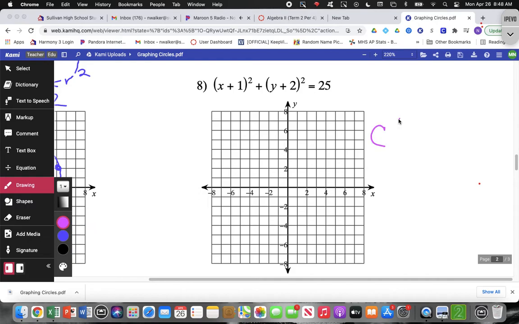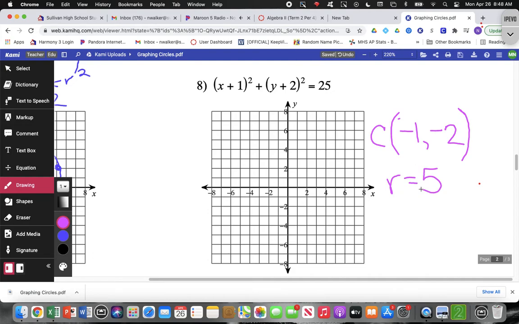So for my center, my x coordinate is -1. Now what's my y coordinate going to be? -2. So anytime you see a plus in the equation, the coordinate does become a negative. Now what's my radius? If I see 25 in the equation, yep, square root is 5.